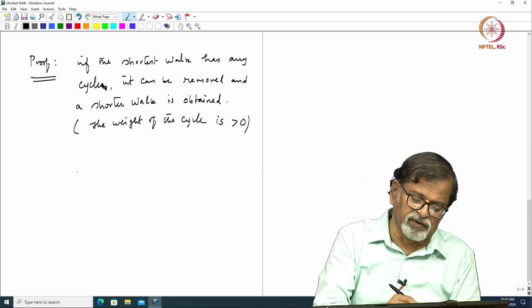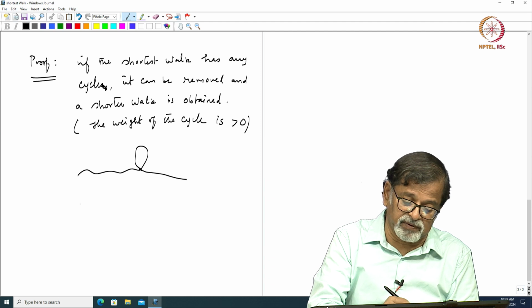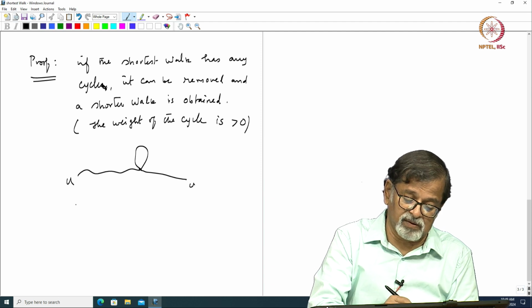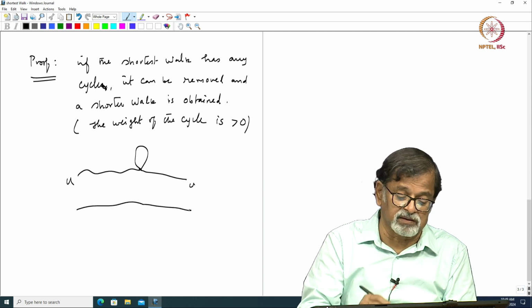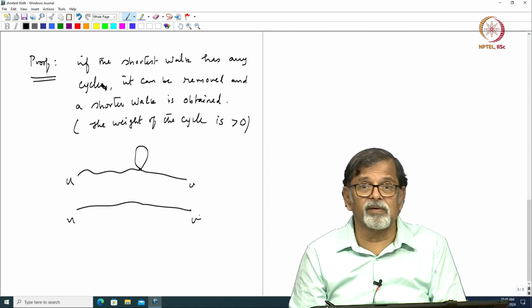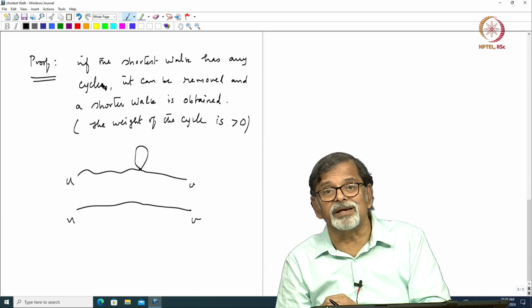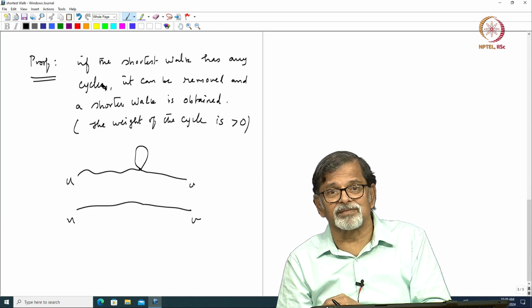So, if I have a walk like this and if I have a walk like this without that cycle, it will be smaller in weight, right.